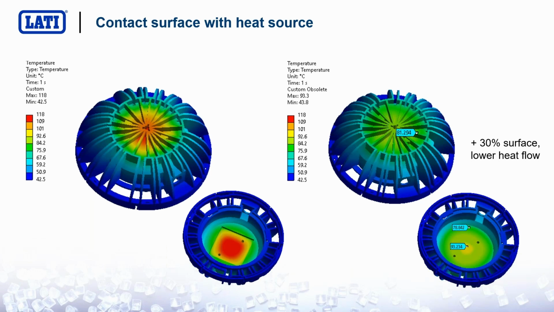That's because you decrease the heat flow on the surface, and so you help the material to transfer heat to the area where there is convection and radiation, and the component will be more efficient.